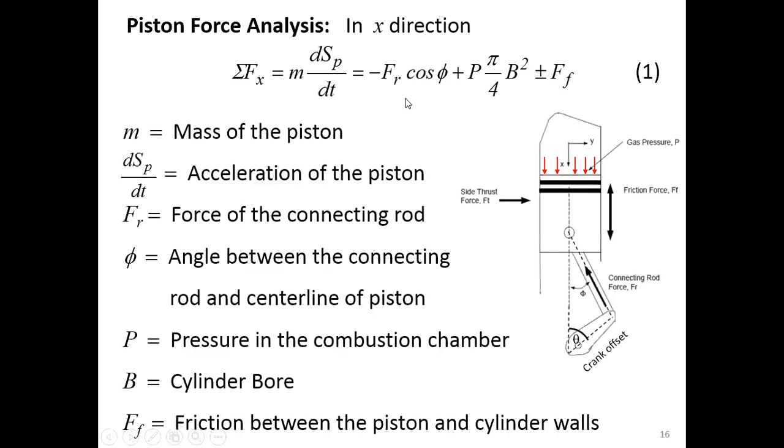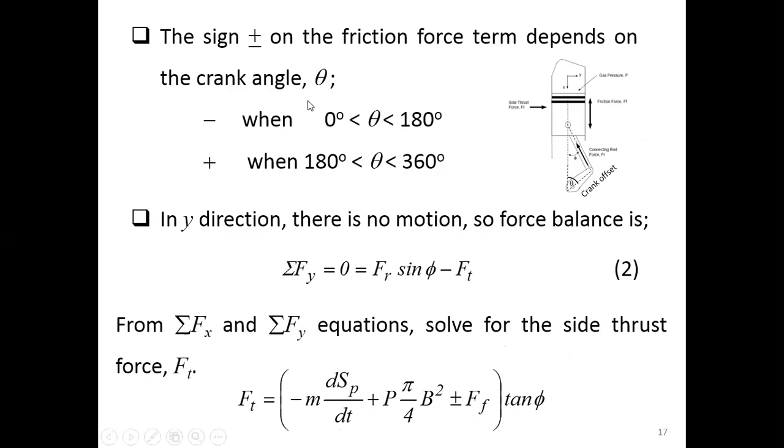In order to determine the sign of plus or minus that we just mentioned, which depends on the direction of the piston motion, we can also determine the sign on the friction force based on the crank angle. The crank angle is shown right here, theta.